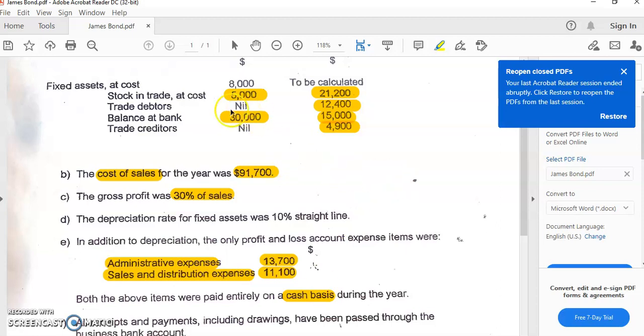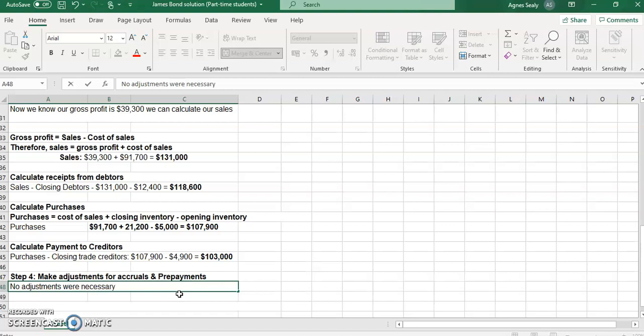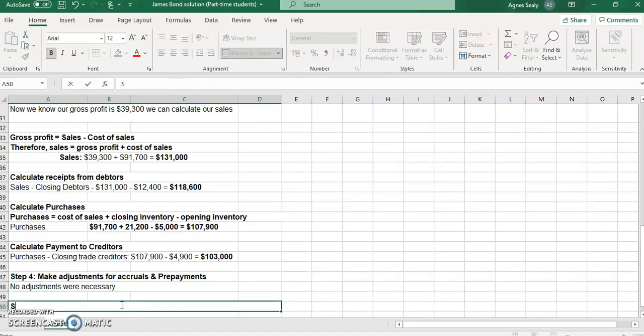We don't have anything outstanding at the beginning or prepaid, because obviously the business is just starting. At the end, we don't have any accruals or prepayments. So in this particular question, we don't need to make any adjustment for accruals and prepayments. So no adjustments were necessary.